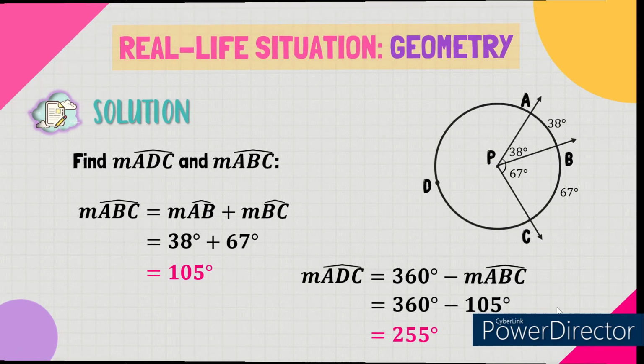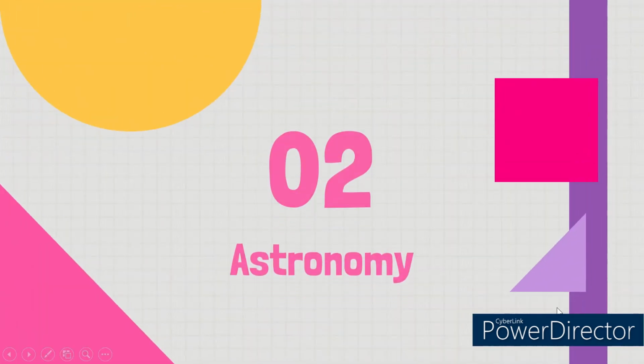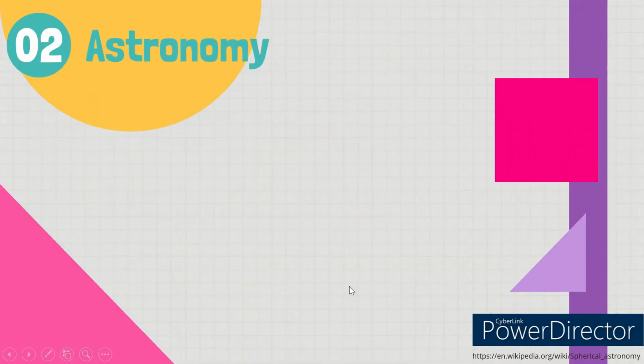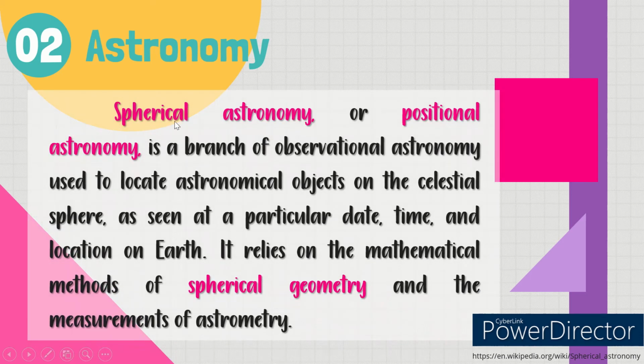Okay. So next, for the second one, we have astronomy. So what is astronomy? Well, spherical astronomy or positional astronomy is a branch of observational astronomy used to locate astronomical objects on the celestial sphere as seen at a particular date, time, and location on Earth, and it relies on the mathematical methods of spherical geometry and the measurements of astrometry.